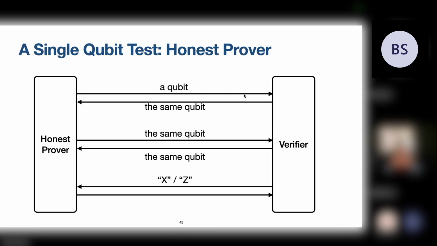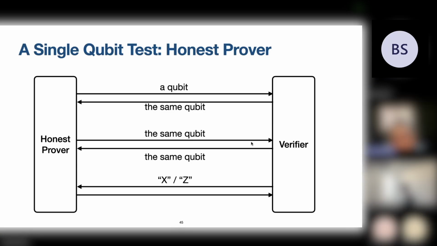Well, I mean, yeah, you can think of it as the prover helping you flip the qubit to the Hadamard basis, but I guess it's more or less the same. I see. Yeah, you can think that instead of the same qubit, the prover applies a Hadamard gate on the same qubit. Right, but you're saying it doesn't make a difference whether or not he applies a Hadamard? Is that what you're saying? In the single qubit case?